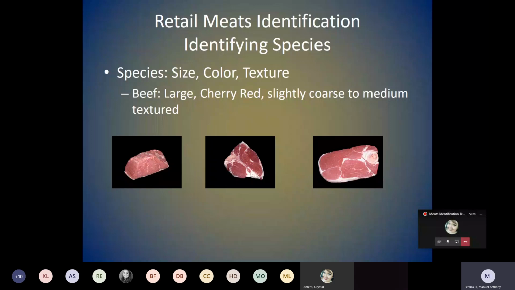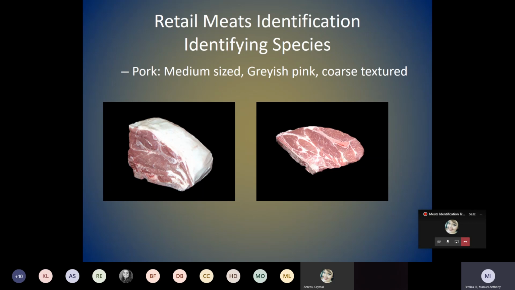Beef and lamb can look fairly similar when it comes to color, but lamb normally has a lot finer textured cut, and of course is a lot smaller. Pork obviously is going to be a little bit medium, more grayish pink. So this is something that y'all can go through with your students to help in making some of these decisions.